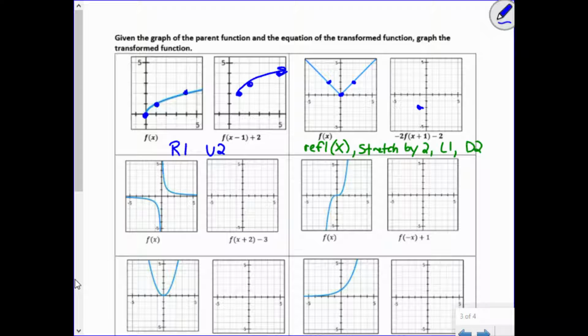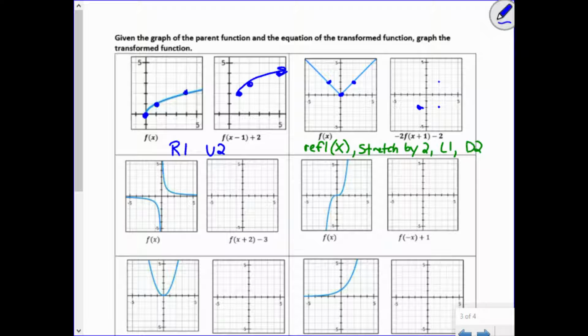Now I'm going to start at this point right here because I'm going to put my pencil right here. Right. I'm going to reflect over the x-axis. That means you're going to go on the opposite side of the x-axis. So if I'm above, I'm going to go below. Right here. Right? So that's the same thing as down here. Reflecting over there. Then I'm going to stretch by 2. So what's my y value where I am right now?